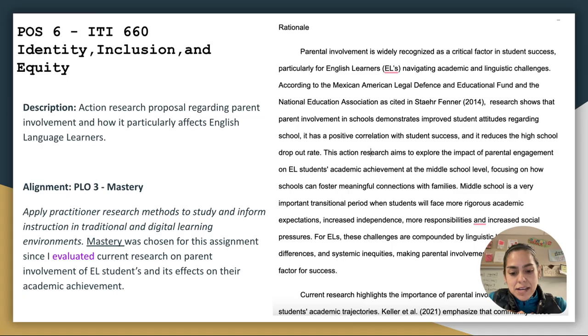I now translate my emails to parents in both Spanish and English, and I also have my email signature set up in both English and Spanish to have, hopefully, a more open communication line with parents.